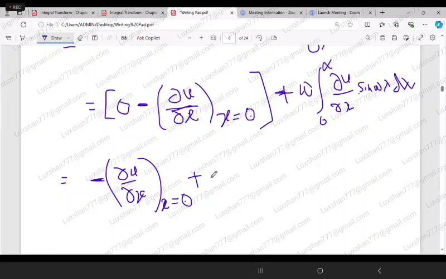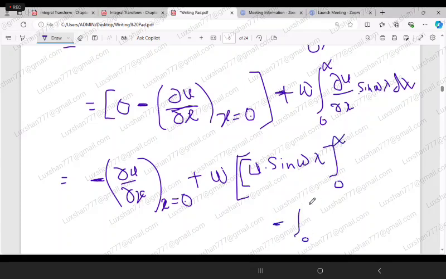plus omega into integration of this one, we know that u into sine omega lambda, from 0 to infinity, minus integration 0 to infinity u omega cos omega lambda d lambda.